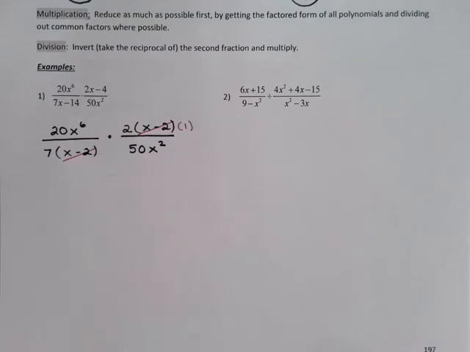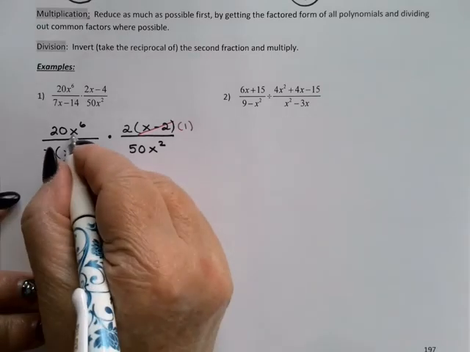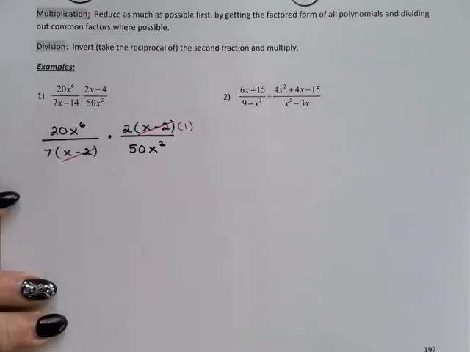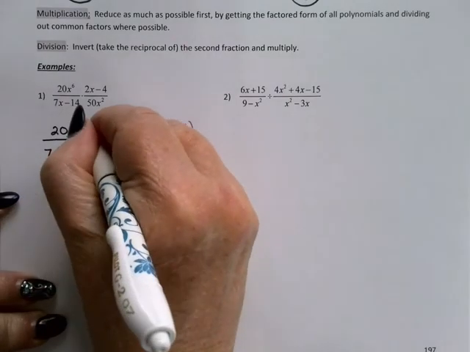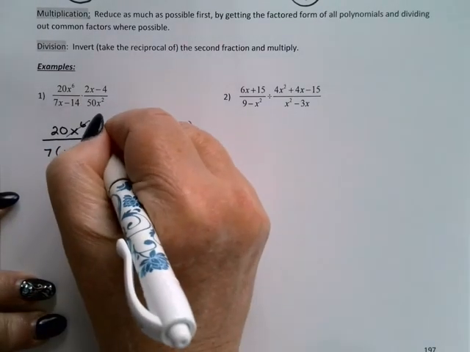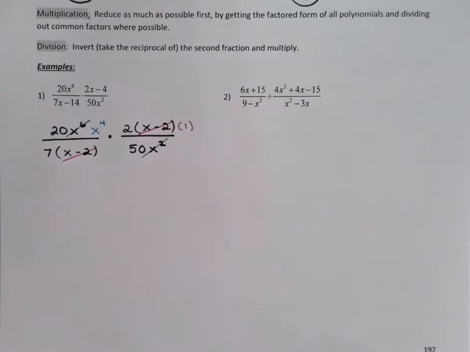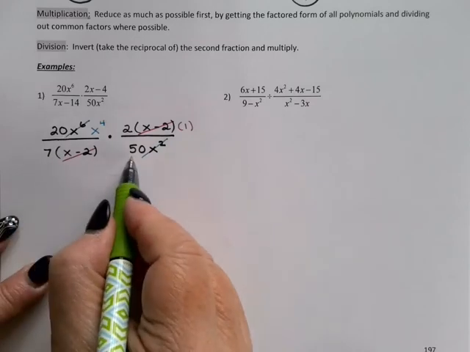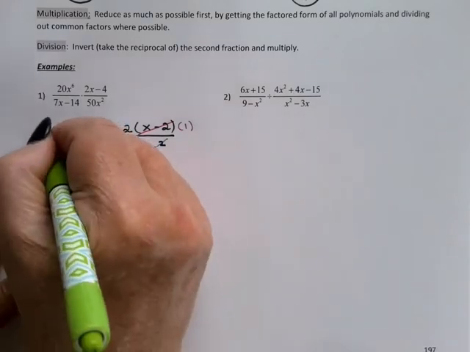I can also do a bit more. I could say x to the 6th divided by x squared, if I subtract those exponents, is going to leave me x to the 4th. And then finally, 20 over 50, I could divide both of those by 10.